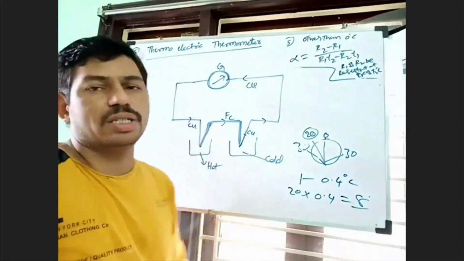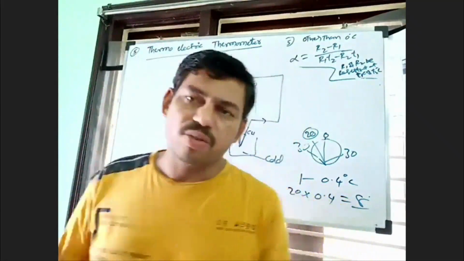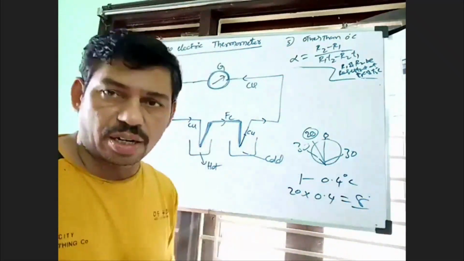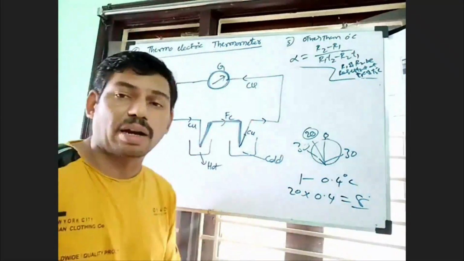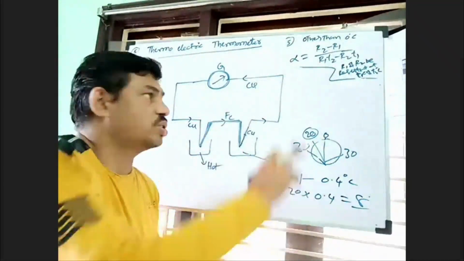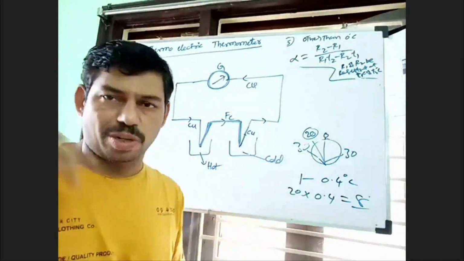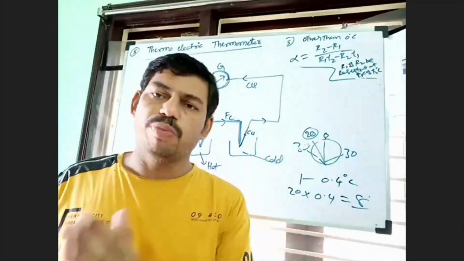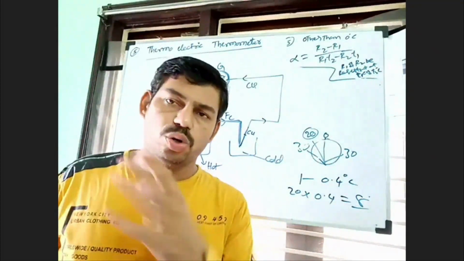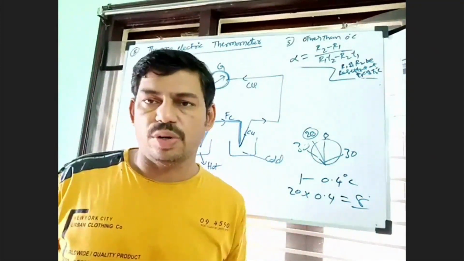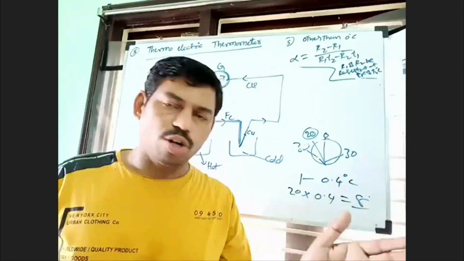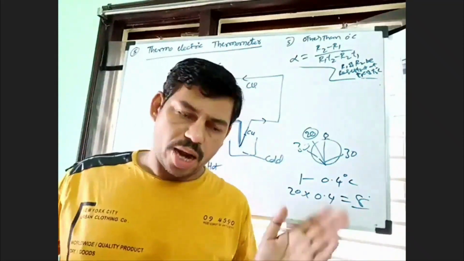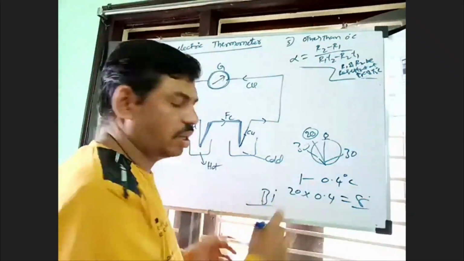This type of thermometer is called a thermoelectric thermometer. It was found by Seebeck, so this is called the Seebeck effect also. Two dissimilar metals: one is a positive metal and the other a negative metal. Iron is positive, copper is negative. In the thermoelectric series, from antimony to before lead are positive metals, lead is zero, and after lead to bismuth are negative metals.